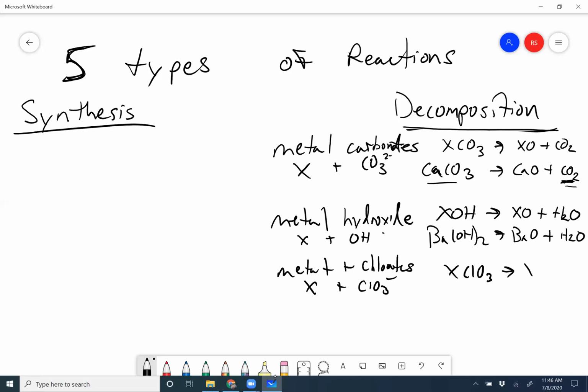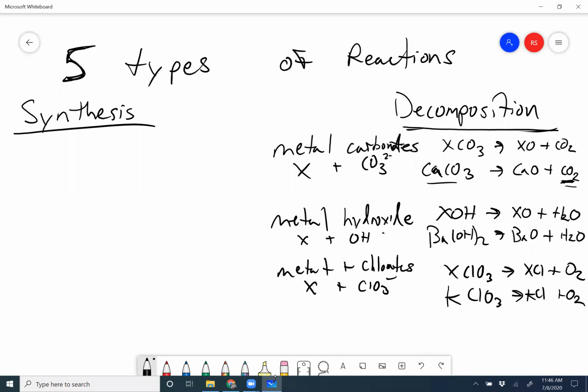If we heat that up, it becomes XCl and O2. A great example of this is potassium chlorate will decompose into potassium chloride and oxygen. The reason why this is rocket fuel is that we've now made liquid oxygen that's hot, and hot liquid oxygen will just react with any fuel you give it.